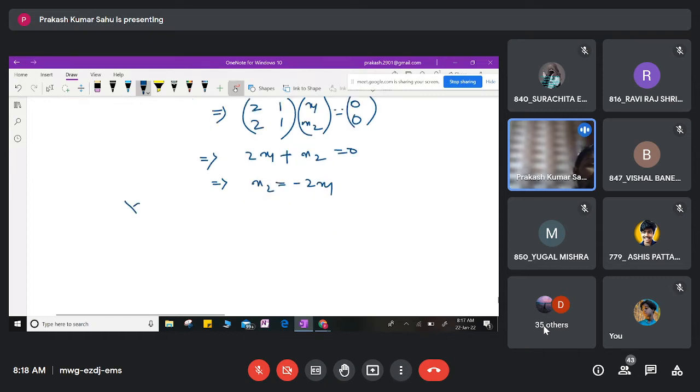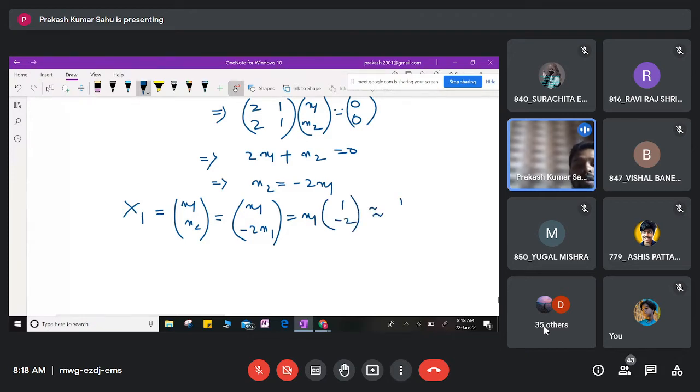Then the eigenvector, x1 comma x2, is x1 and minus 2x1. Taking x1 common, this is 1 and minus 2. This is your first eigenvector, 1 and minus 2.